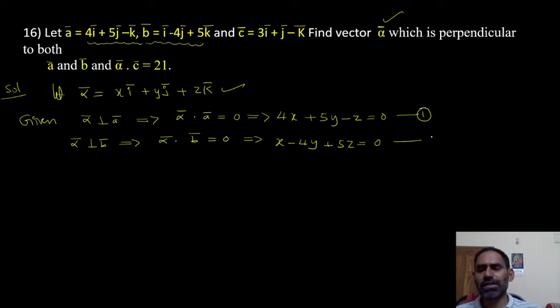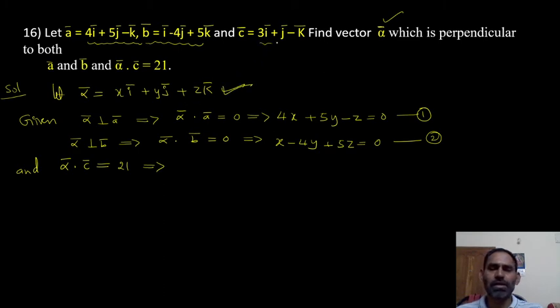This is equation number 2. Next, the third condition: alpha bar dot c bar equals 21. How to find it? This is alpha bar, this is c bar.